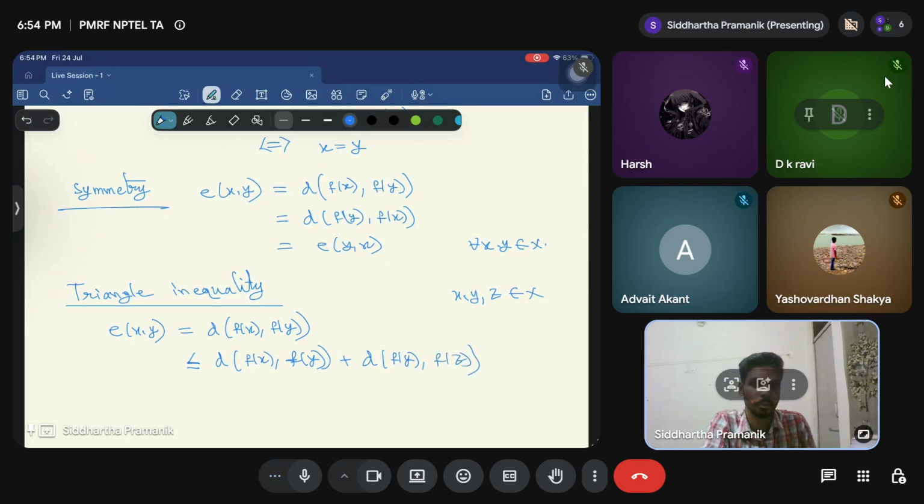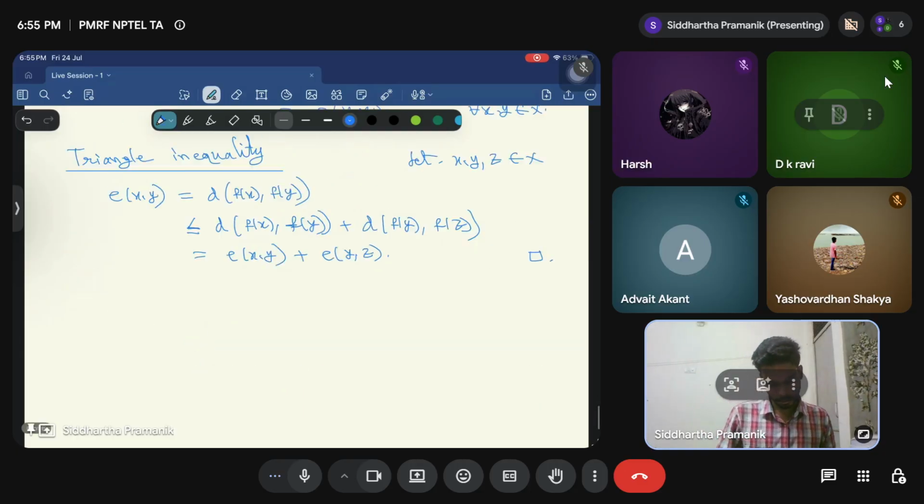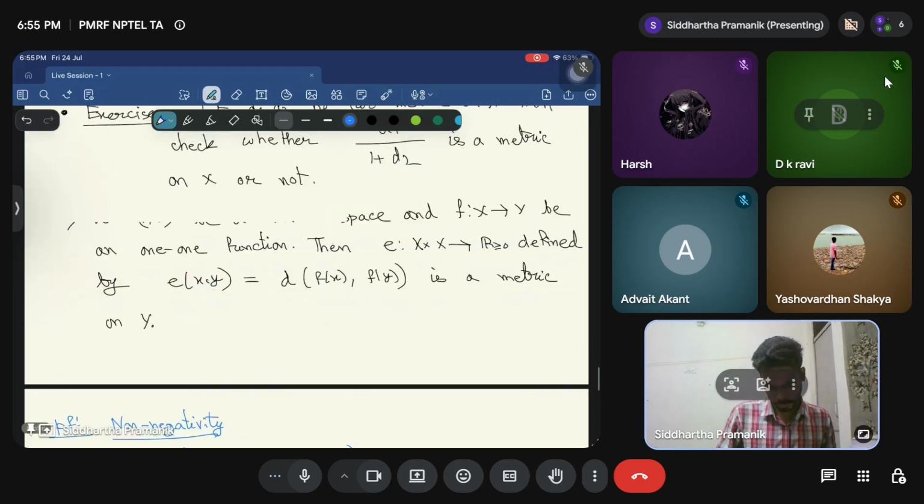This is true because of the triangle inequality of d. So this is e of xy plus e of yz. So right, here also nothing much to prove. So this gives the proof.